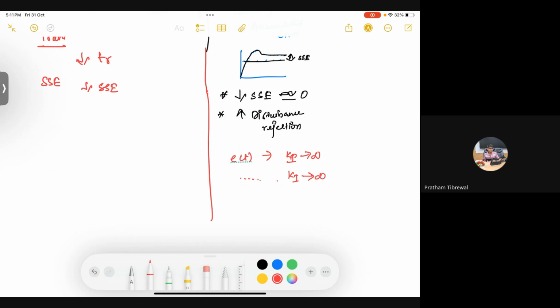At this point, we won't be able to control the system, and since the ki is uncontrollable, using the same ki in the system will push it from the stable region to the unstable region, because a type 1 system has its pole at the origin, s equal to 0. So keeping the pole at the origin and increasing the gain alone to infinity will make it dangerous. It pushes the system from the verge of instability into the unstable region, making the system unstable.